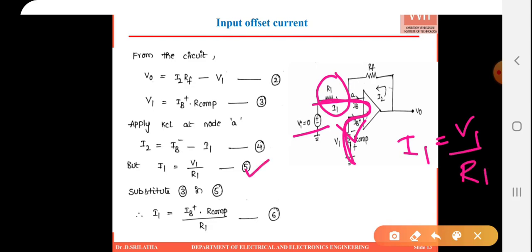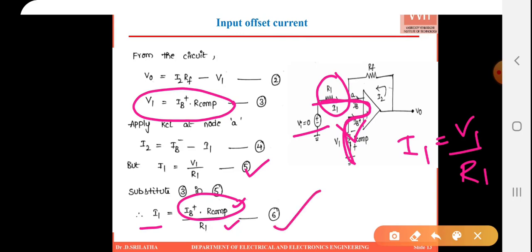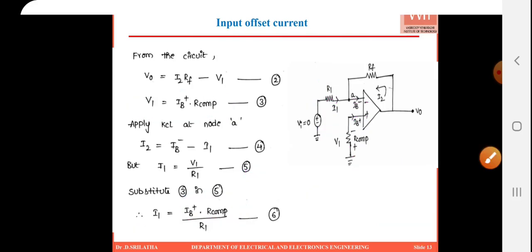Instead of V1 we can substitute IB plus into R compensation resistance value. So we have the expression I1 is equal to IB plus times R compensating resistance divided by R1.